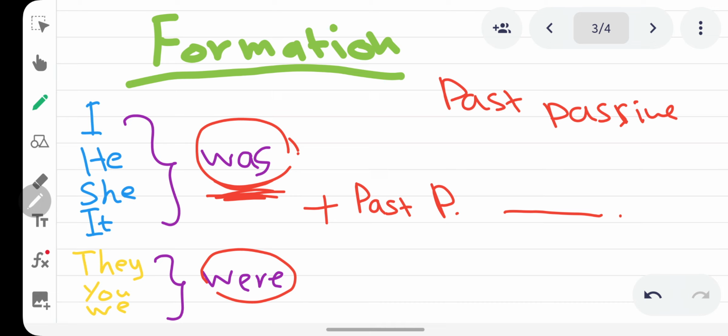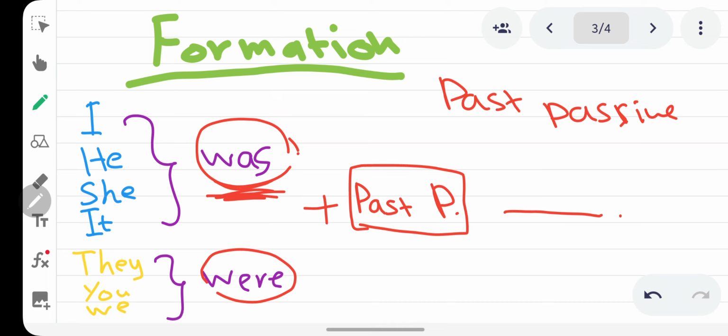With the plural pronouns they, you, and we add were. And then don't forget the past participle of the verb. There is no way to understand the past participle. You have to memorize it, because we have irregular verbs and we have regular verbs.